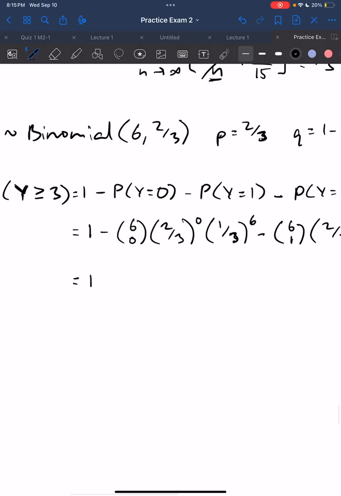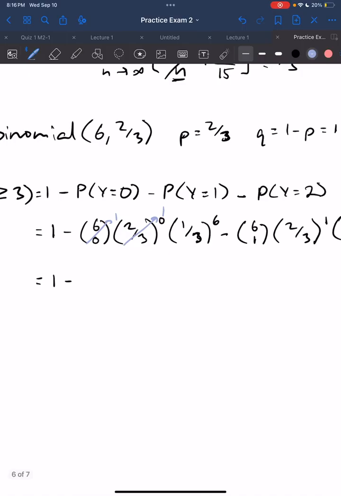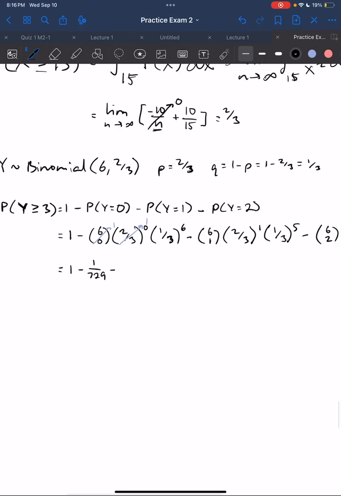So 6 choose 0 is just 1. Then 2/3 to the power of 0 is also 1, so it's just 1/3 to the power of 6. So that would be equal to 1/729, minus 6 choose 1.